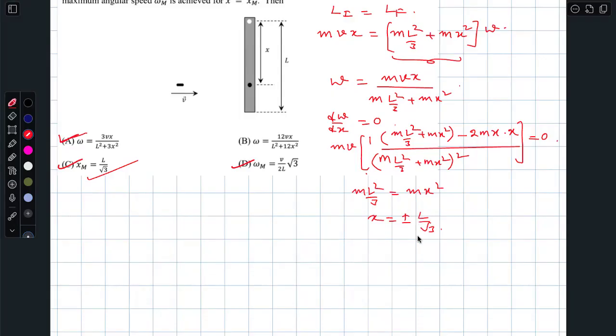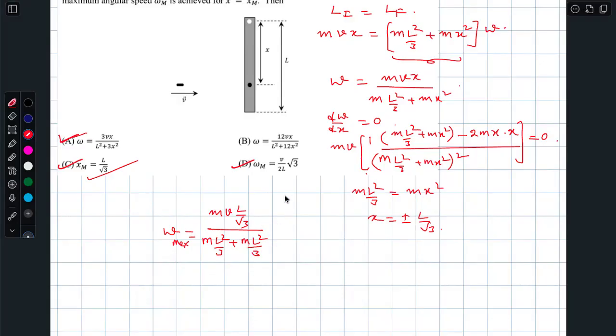Minus is not possible, so we take plus. Therefore, omega max is mv L by root 3 divided by ml square by 3 plus mx square. ml square by 3.